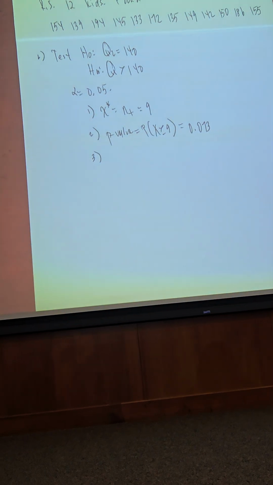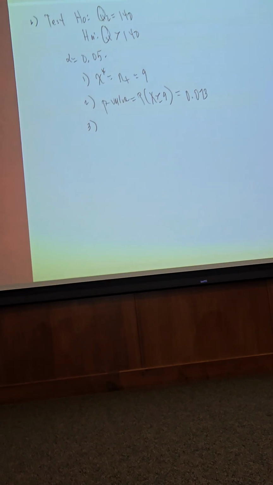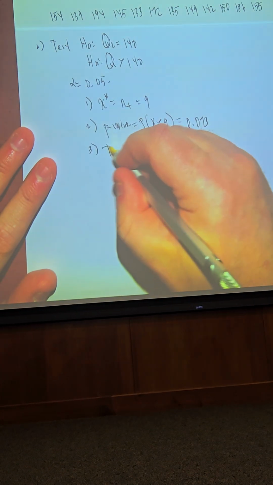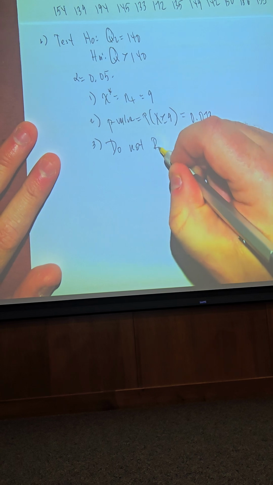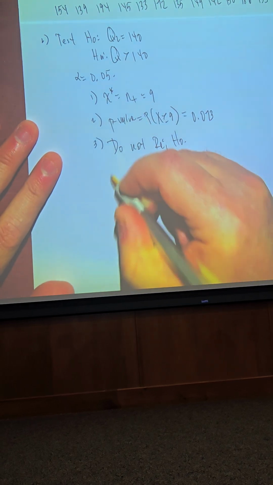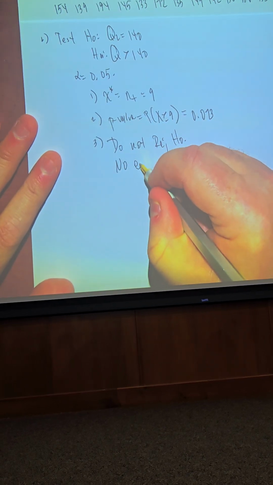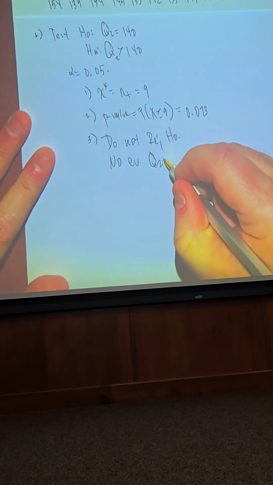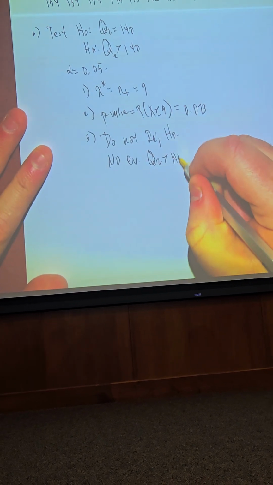And tell me what I'm going to do. Reject or not? Do not reject H0. Good. And therefore, we have no evidence that the population median is greater than 140.